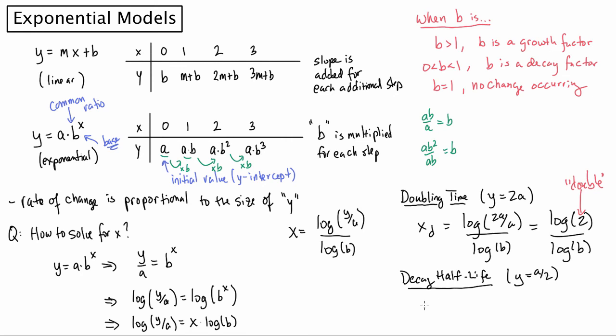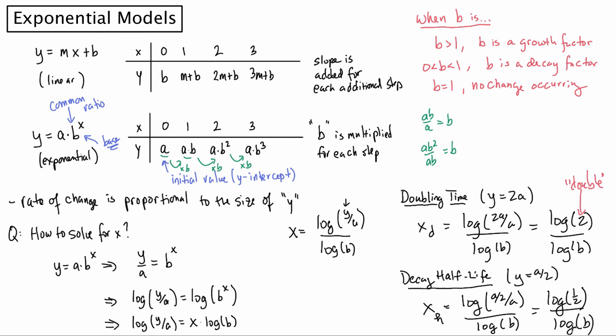This would be x sub h, the half-life, and that would be the log of, replacing y with a over 2 this time, so a over 2 divided by a, over the log of b. Once again, if you simplify inside the log here, a over a would cancel, and that would leave me with the log of 1/2 divided by the log of b.